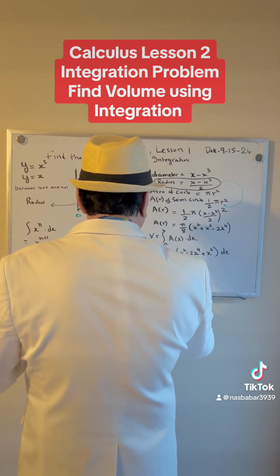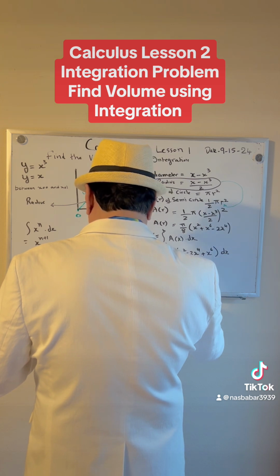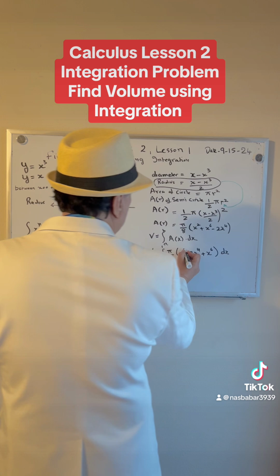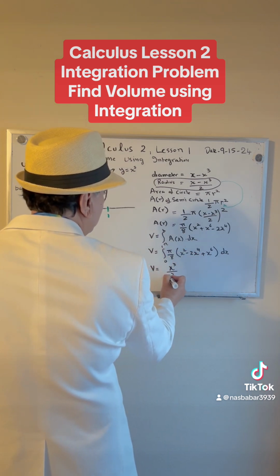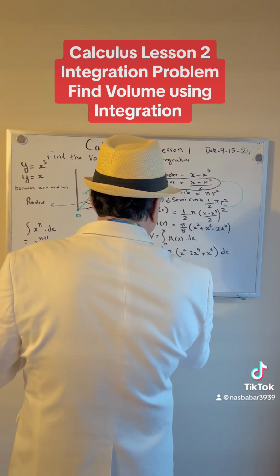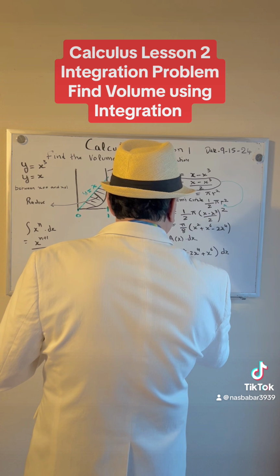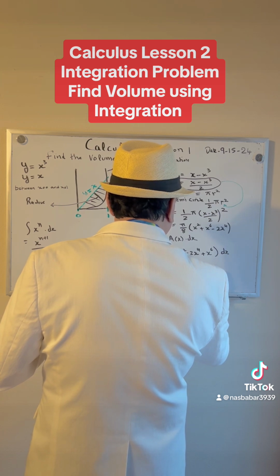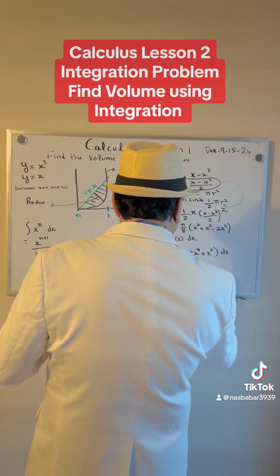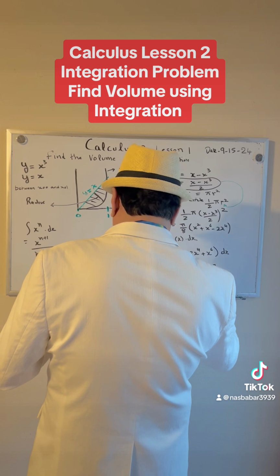So the volume after I integrate is going to be x cube over 3, minus 2x to the power 5 over 5, plus x to the power 7 divided by 7.